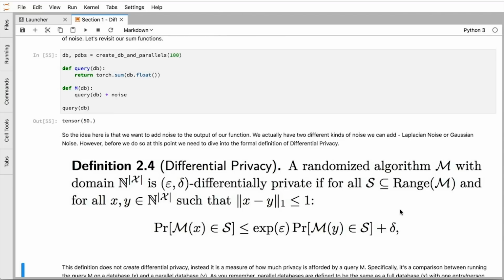Now, delta is the probability, which is usually very small, that you will accidentally leak more information than epsilon claims that you will leak. So delta is often 0.00001 or something like that, or it's zero. It's usually a very, very small probability when it's non-zero, and it's basically saying, hey, most of the time you're going to be able to keep everything underneath this amount of leakage.